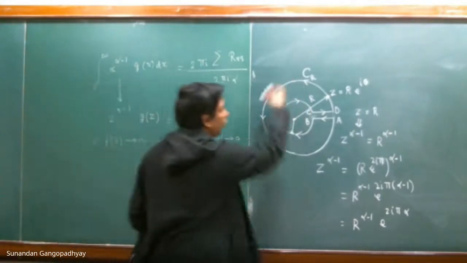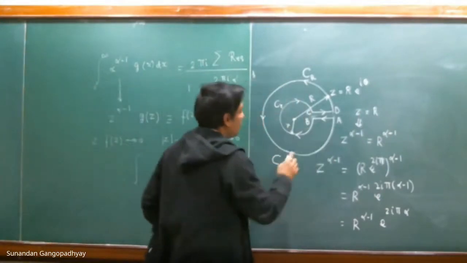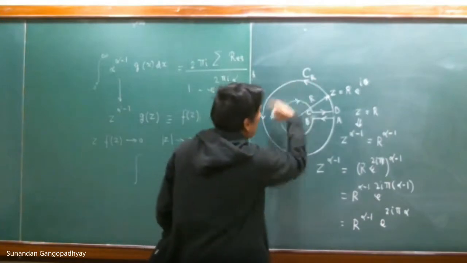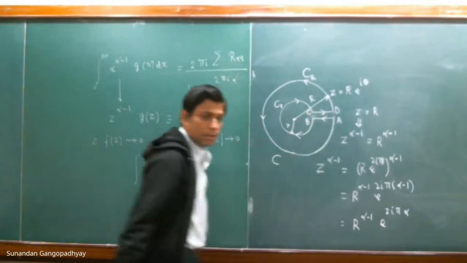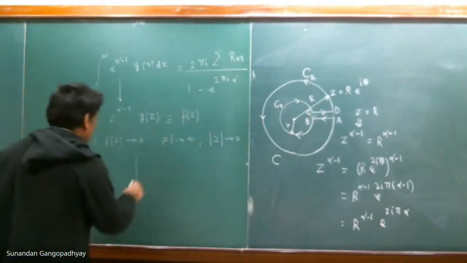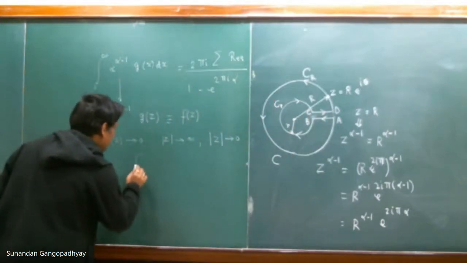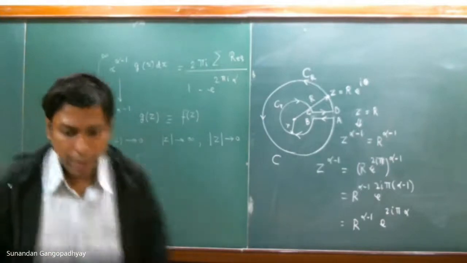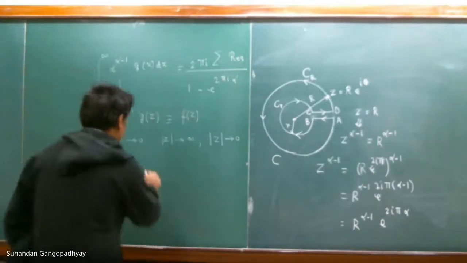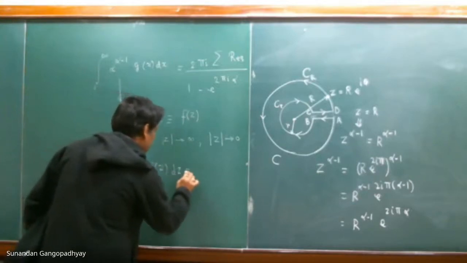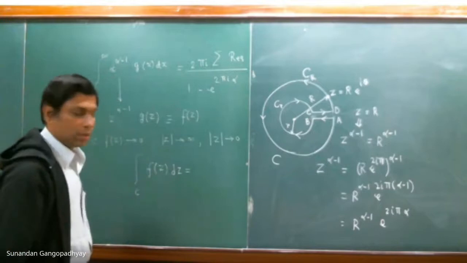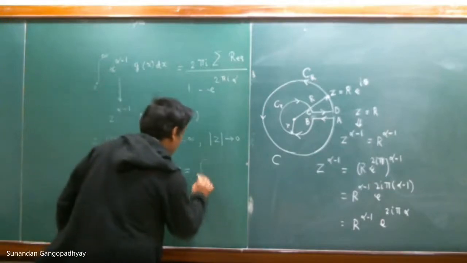If we call this full contour C, where C is basically C capital R plus AB plus C small r plus CD, so that is the full contour C, then we can write that the integral of f(z) dz over the full contour C is basically what?